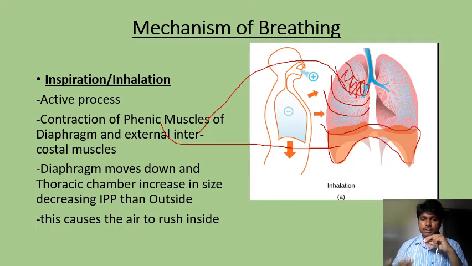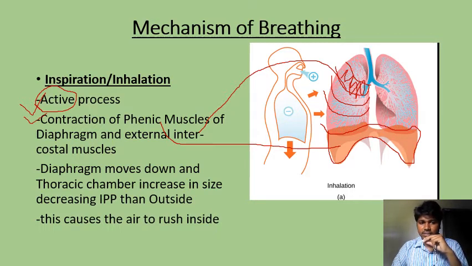Now let's learn about the inhalation. What are the changes that you can see here? The first point is it is an active process. It requires energy. But the expiration is the passive process which doesn't need any energy. Whenever we are taking this term as active, every active process requires energy.